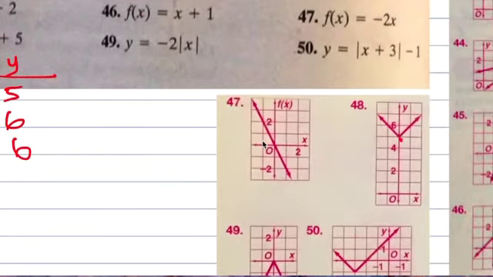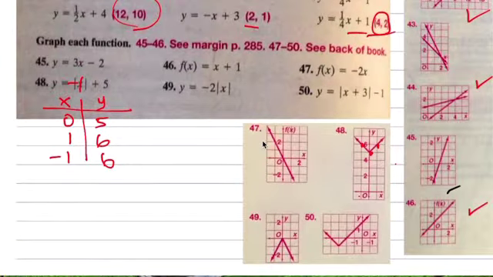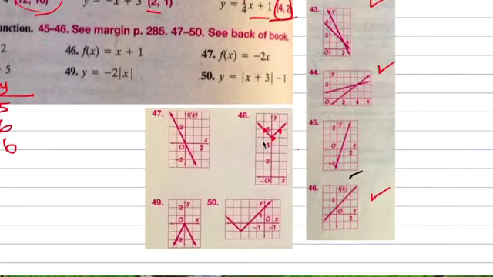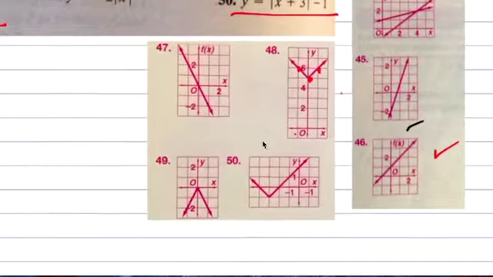See 0, 5, 1, 6, negative 1, 6, going in that direction. Graphing that. Again, you make a chart of what it may be. And that should look something like this.